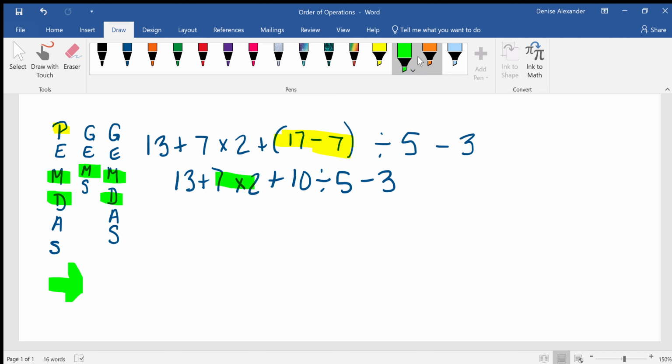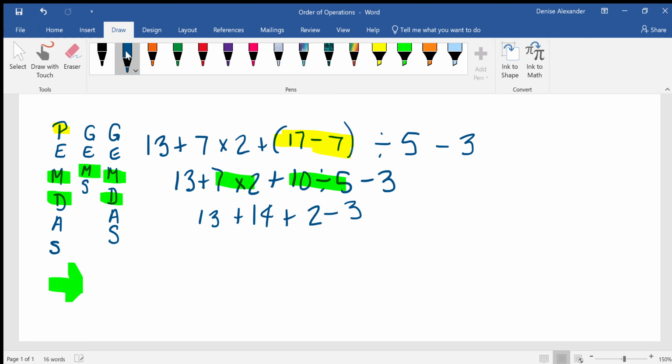Oh, look, 7 times 2 plus, 10 divided by 5 minus 3. So there's a couple ways you guys can do this. You could do it one at a time, or we could do it together. So I'm going to just do it together. We have 13 plus, what's 7 times 2? 14 plus, what's 10 divided by 5? 2 minus 3.